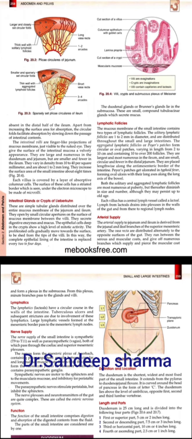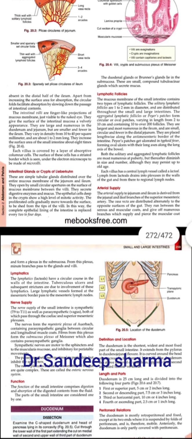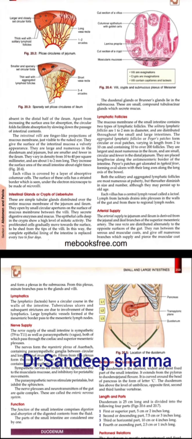They vary in density from 10 to 40 per square millimeter and are about 1 to 2 mm long. They increase the surface area of the small intestine about 8 times than the normal one.